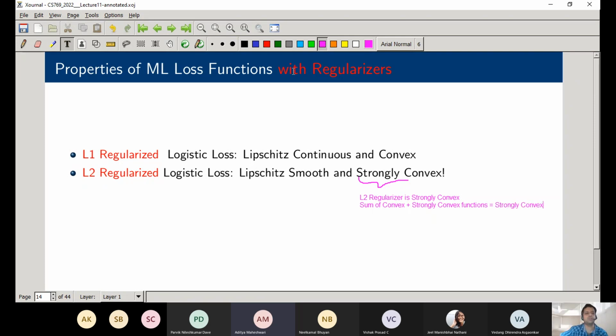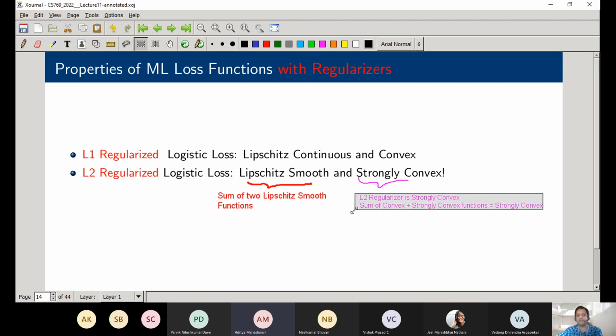On the other hand, Lipschitz smoothness can be attributed to the fact that we are dealing with the sum of two Lipschitz smooth functions. Okay. So many of these are just following the definitions or some of the simple properties we showed in the last class.